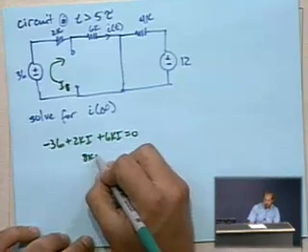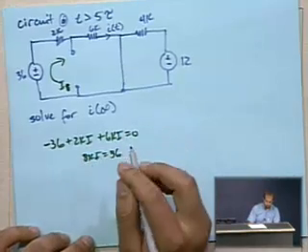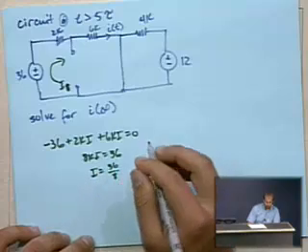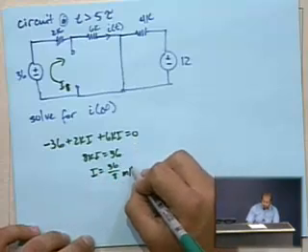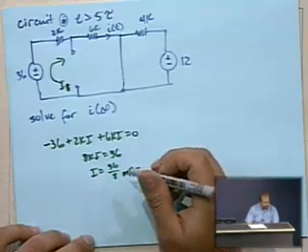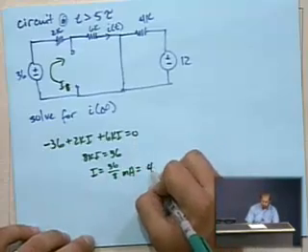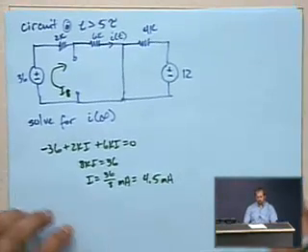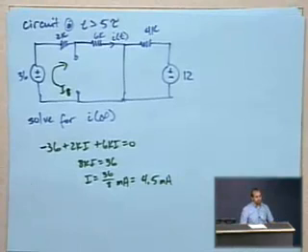So 8K times I equals 36. And that means that I equals 36 over 8 milliamps, or I guess 9/2 would be 4.5 milliamps if you want to think about that as a decimal. I've always liked decimals better than fractions myself.